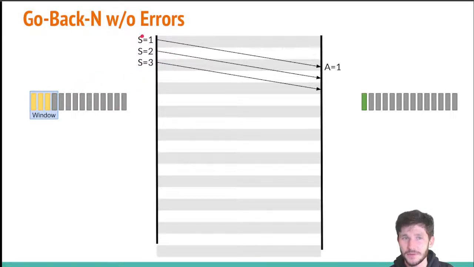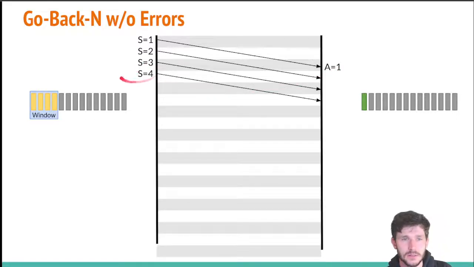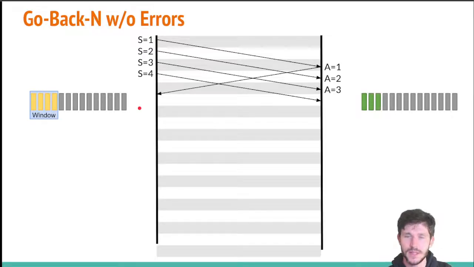This first packet is received on the other end, and that's great. This packet wasn't dropped, so the receiver is going to generate an ACK and reply back. Here all 4 packets have gotten sent, and on the other side, all 4 of these ACKs are being generated.